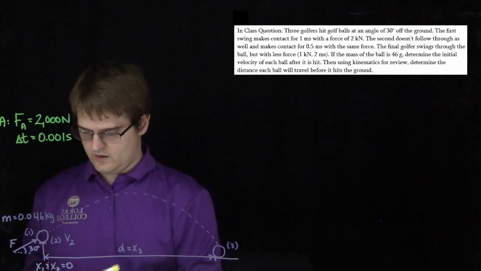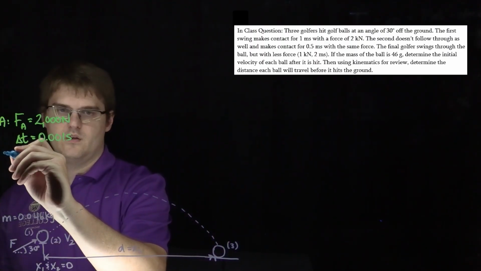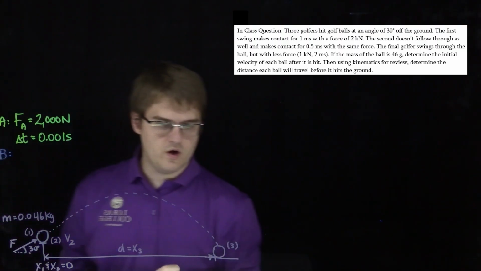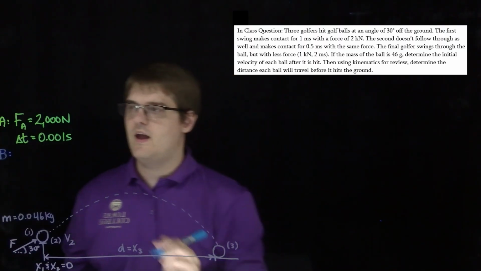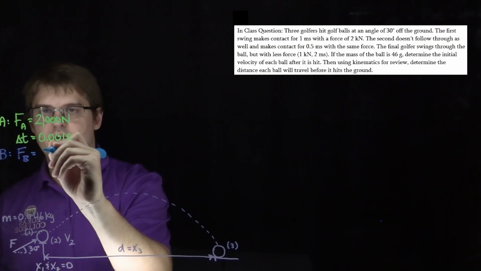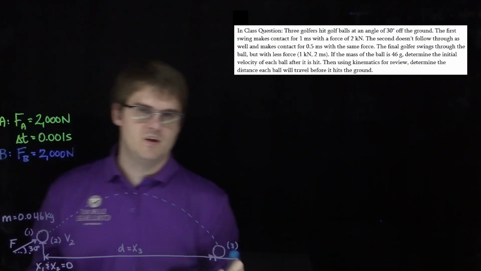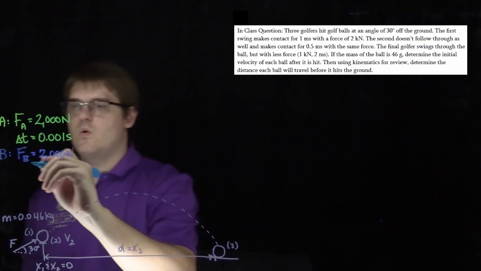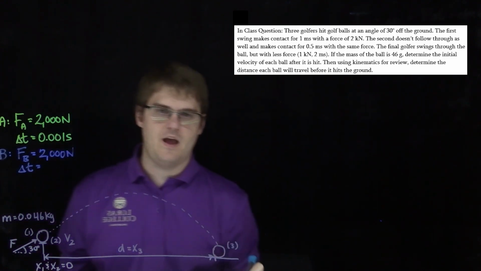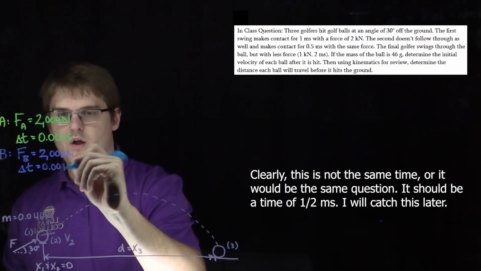And then I'm going to talk about golfer B. Golfer B is going to follow through on the stroke a little bit better. So I have them hitting with a force of still 2,000 newtons. The time of contact is still going to be 1 millisecond.